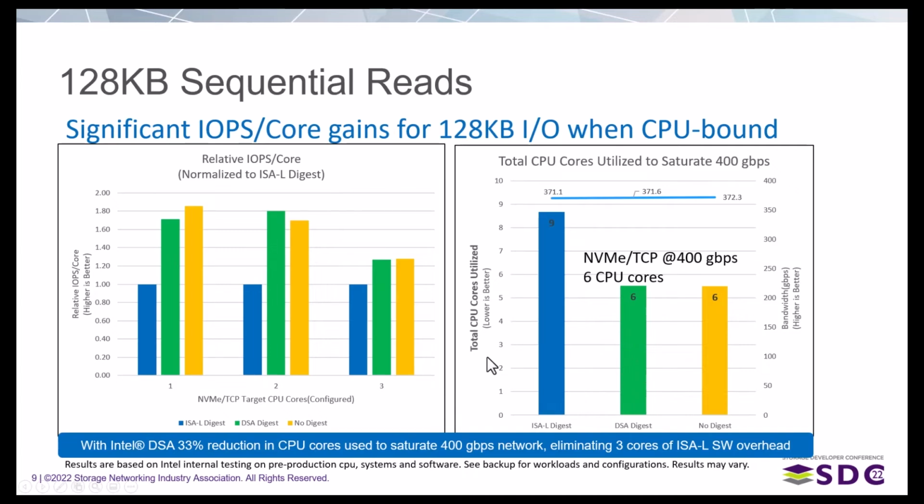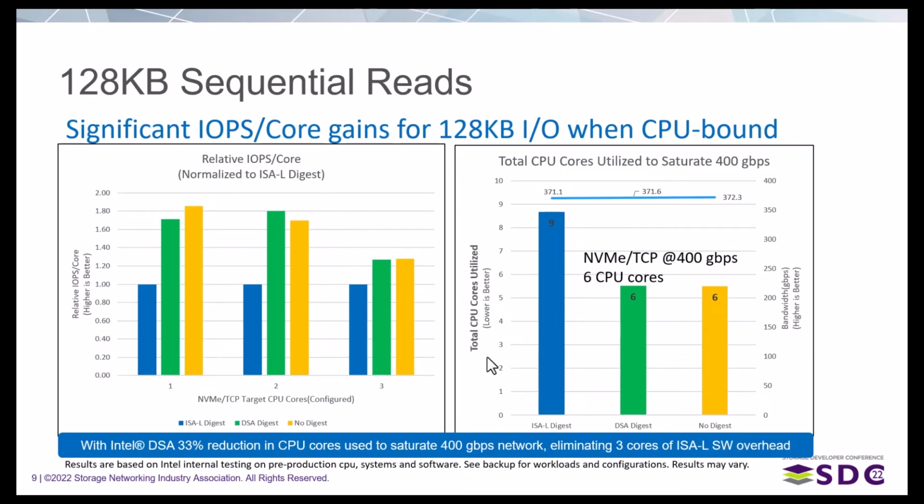The graph on the right here shows the number of CPU cores that were consumed by the target to saturate that 400 gigabit per second network. And what we observed is that when the target was offloading that CRC32C data digest computation to DSA, it took just 6 cores to saturate the 400 gig network. And this was actually the same number of cores that the target used if you did not calculate that digest at all.